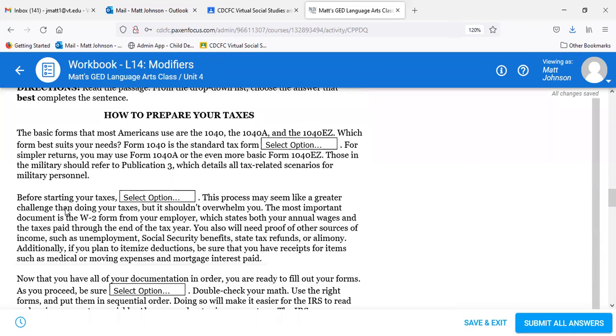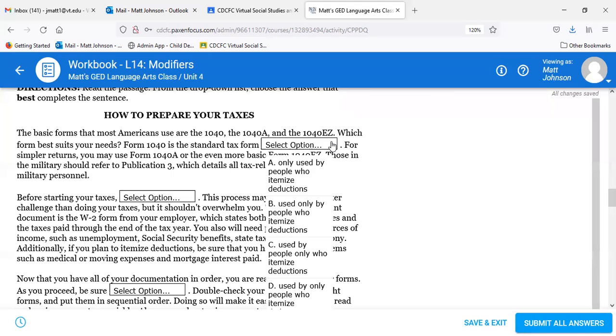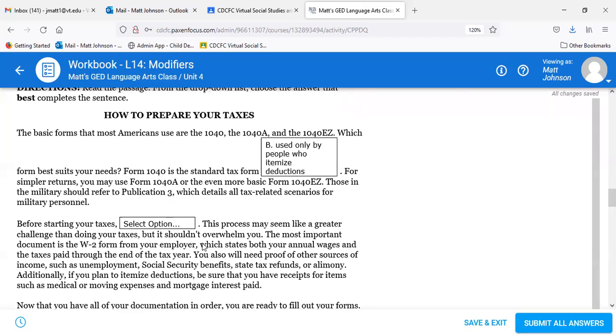Okay, and how to prepare your taxes. The basic forms that most Americans use are the 1040, the 1040A, and the 1040EZ. Which form best suits your needs? Form 1040 is the standard tax form. Correct answer is B. Used only by people who itemize deductions.